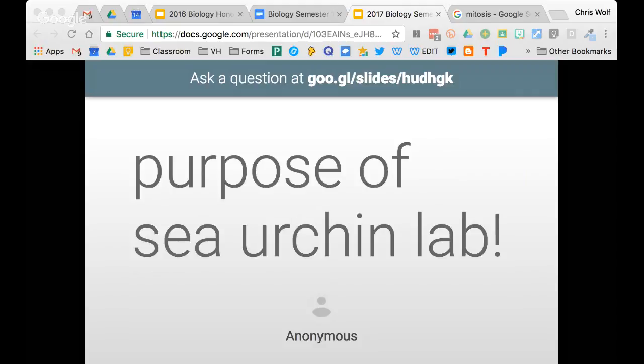Purpose of the sea urchin lab! Really want to know the answer to that, huh? Purpose of the sea urchin lab: one, it was just really cool to see living cells actually divide under the microscope. And also the sea urchin lab brought up the idea of stem cells, that these cells we saw under the microscope didn't have jobs yet.